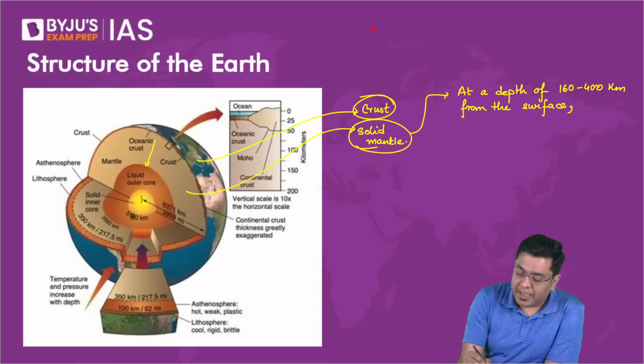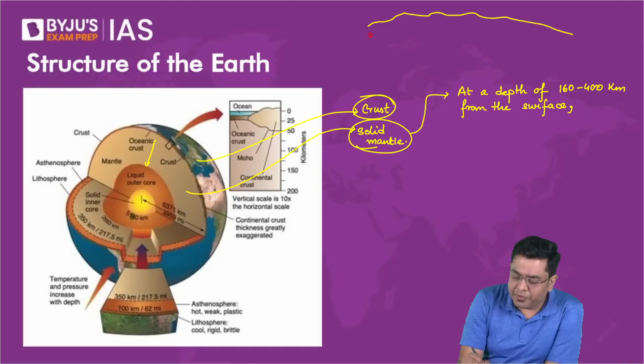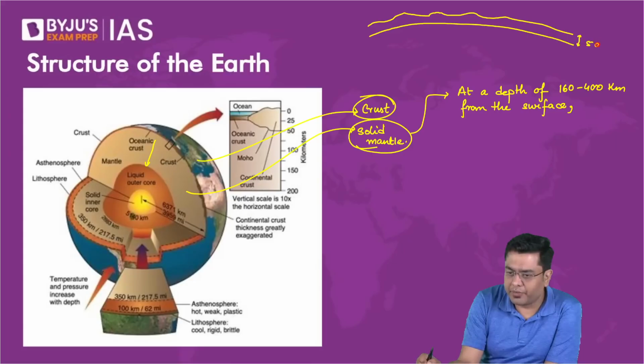Let's suppose this is the crust, obviously it won't be uniform. Let's suppose this is the limit of the crust, up to a distance of around, let's assume, 50 kilometers. Underneath it, you have the mantle. This is where the mantle starts.